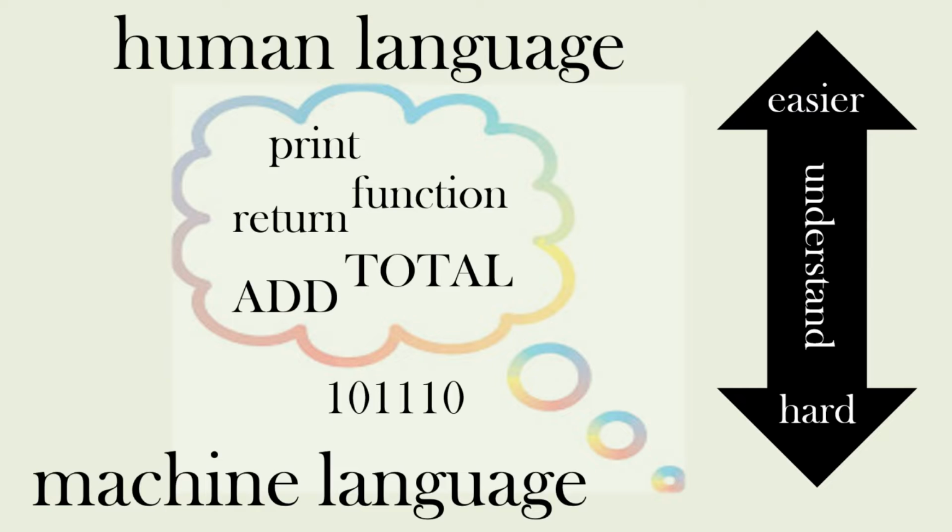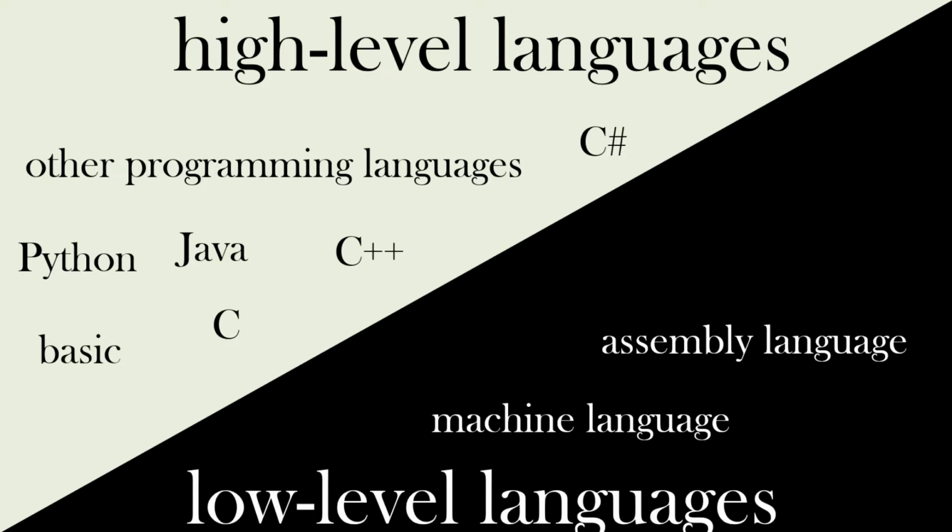So we can use these human language terms and let the computer translate them into the machine language, so that the computer can then understand these words in the machine language. So we need to write something that the computer understands, and we also need something that the computer can change into its own machine language. So that's really our programming languages.